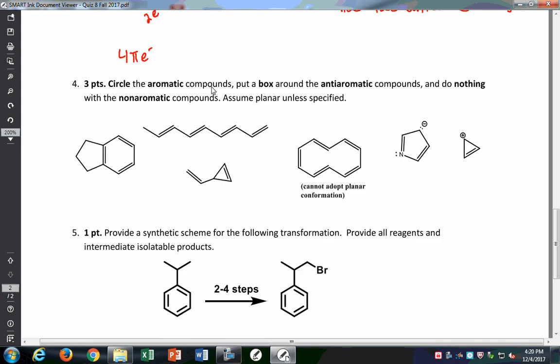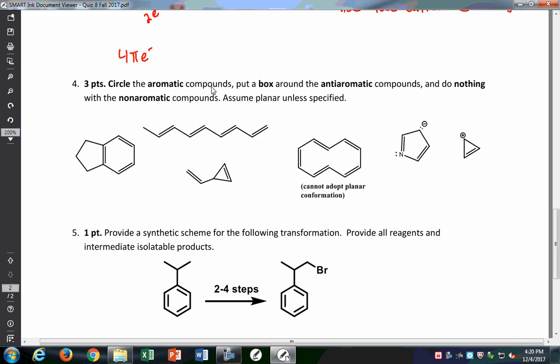If we're looking at these, first off, let's talk about our non-aromatic examples. The linear one, even though it has 2, 4, 6, 8 electrons, it doesn't make it anti-aromatic. It's just non-aromatic because it's not a cyclic conjugated system. It's a conjugated system, but it's not a cyclic conjugated pi system.